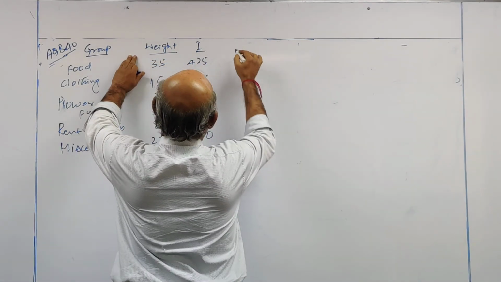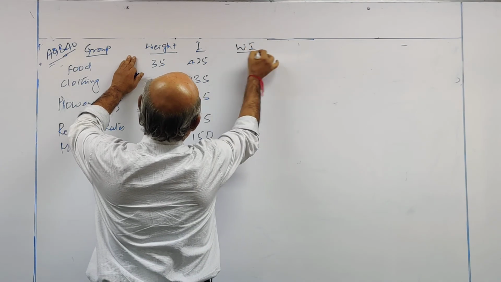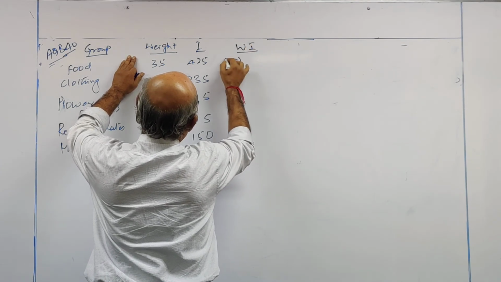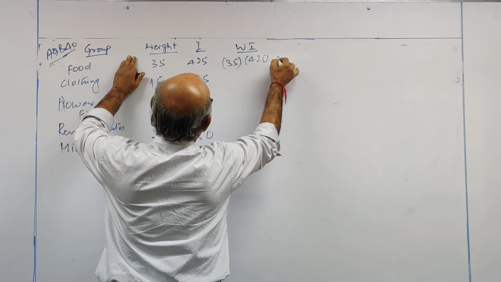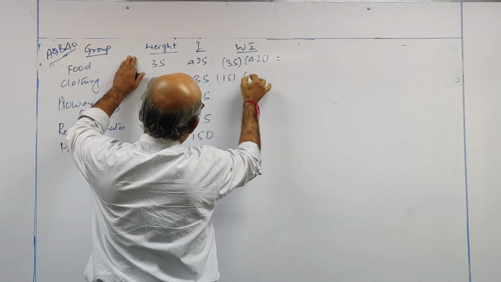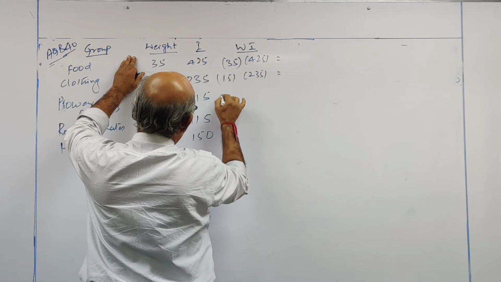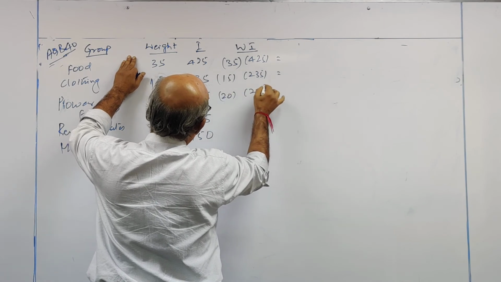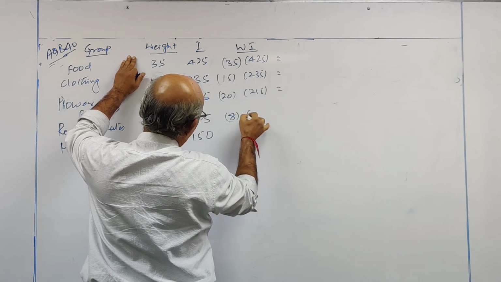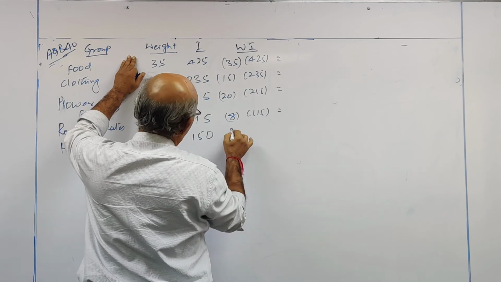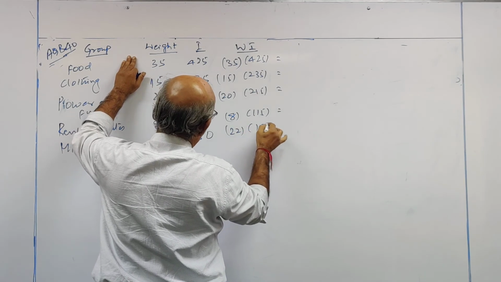Whenever weights and index is given, you calculate WI: 35 into 425, 15 into 235, 20 into 215, 8 into 115, 22 into 150.